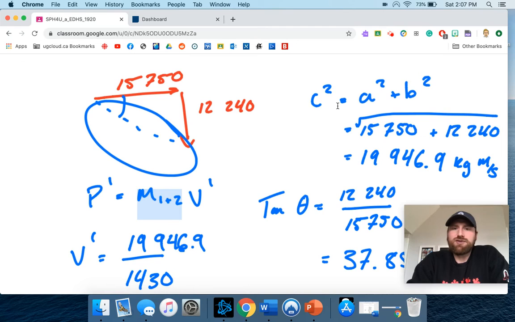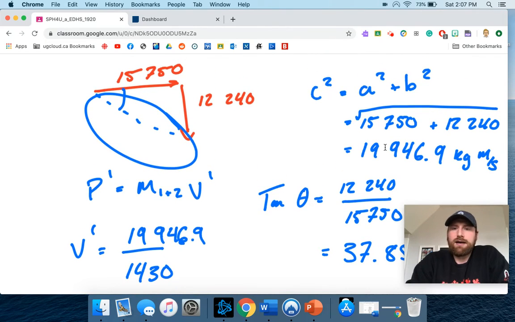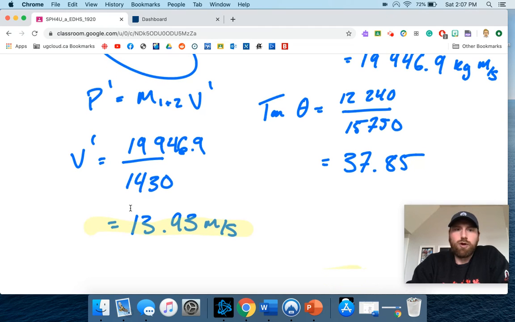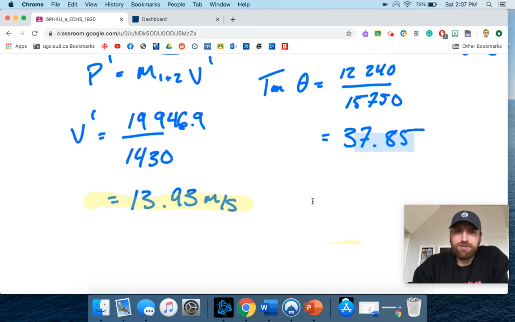All right, and so we use Pythagorean theorem, find out that it equals 19,946.9 kilogram meters per second, use tan, and find the angle. So once we have this momentum vector and the angle, we can work backwards to find that the wreckage is traveling at 13.93 meters per second at 37.85 degrees.